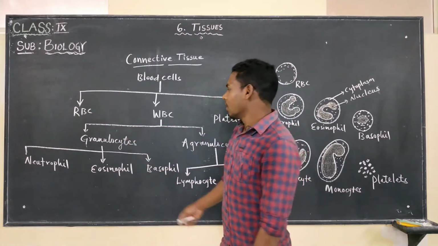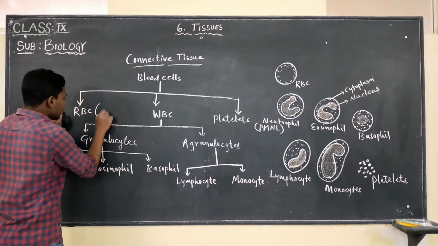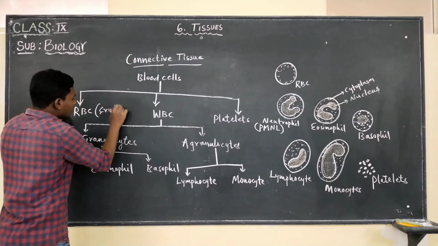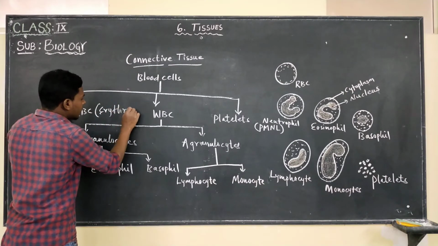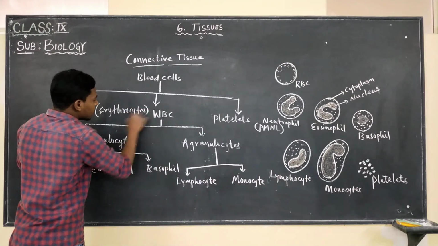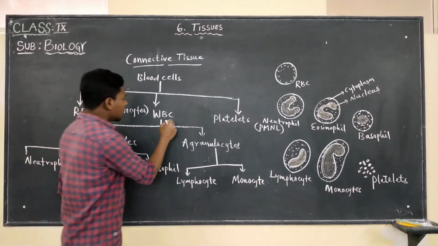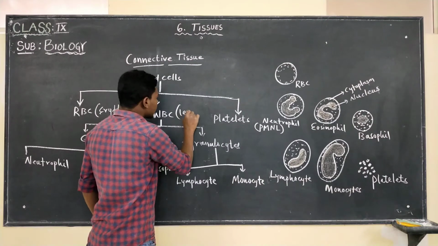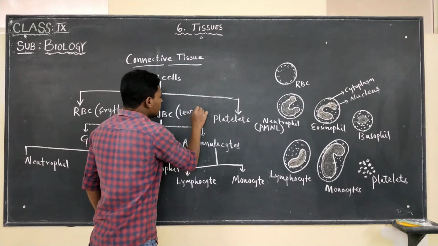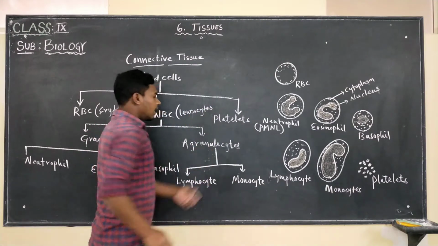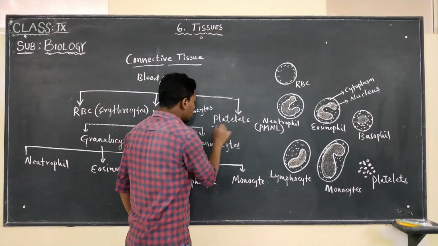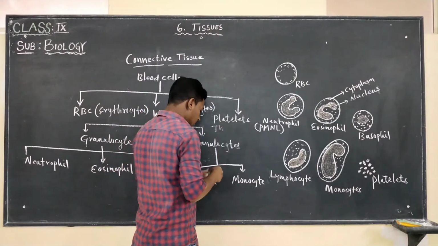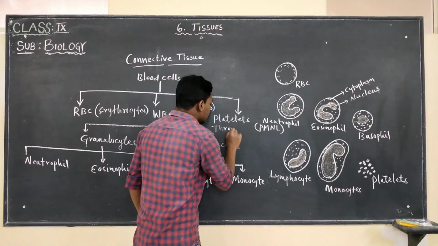WBC are also known as leukocytes. And platelets are known as thrombocytes.